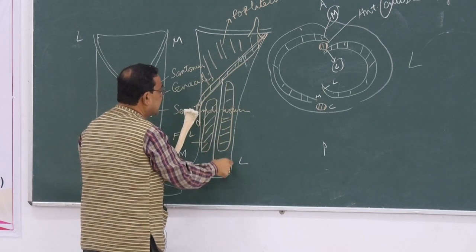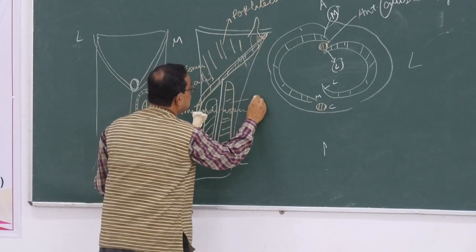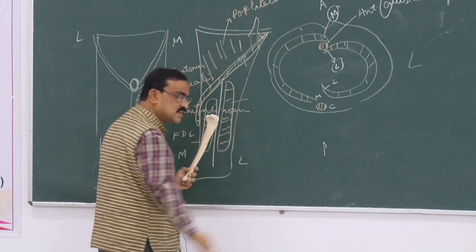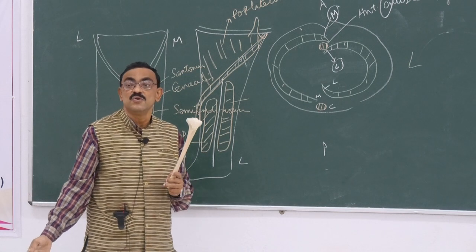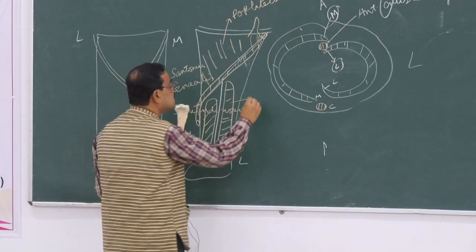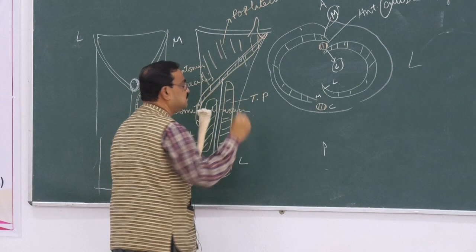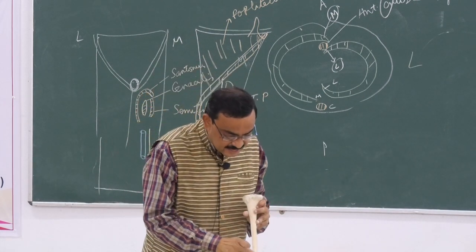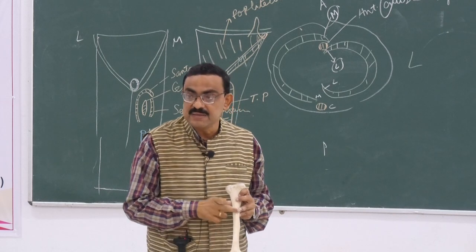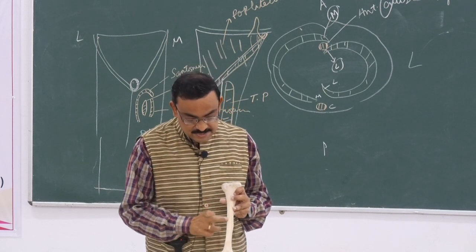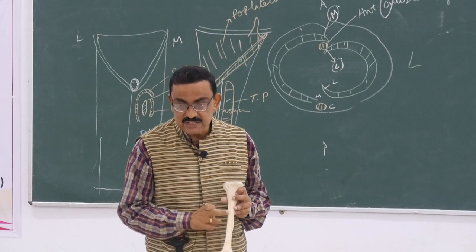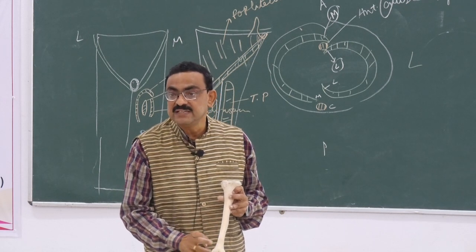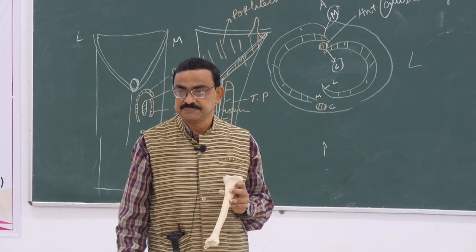And the lateral area is present on the posterior aspect of the tibia, so it is called tibialis posterior. So this lateral area is for attachment of the tibialis posterior and the medial area is for the attachment of the flexor digitorum longus.